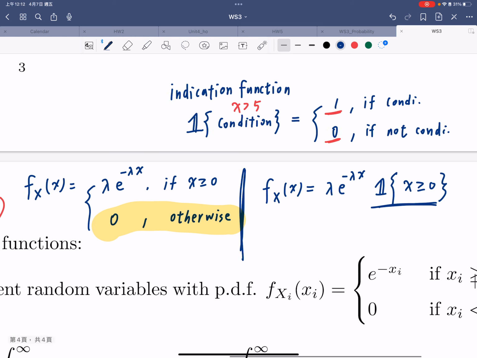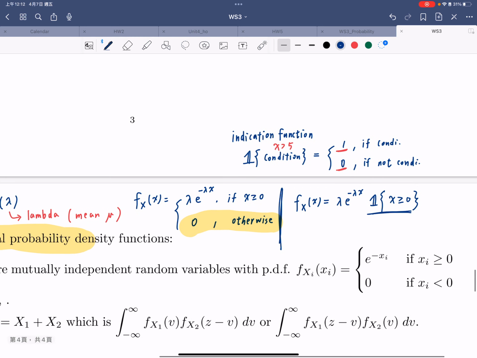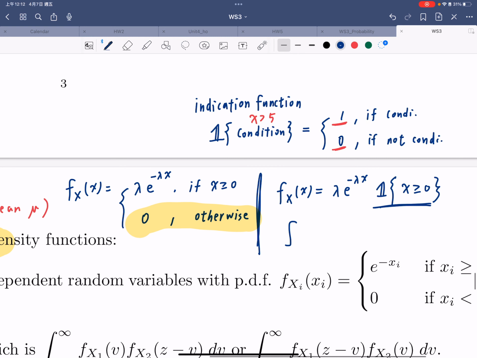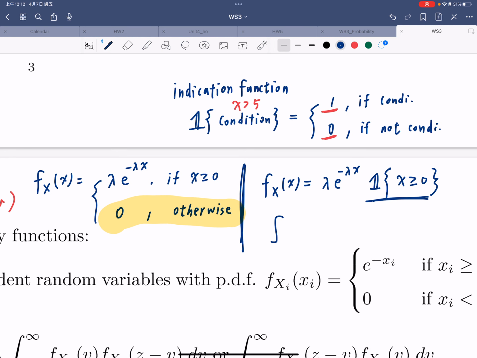Okay, and why did I call this lambda a mean? Since if you integrate, the range of x is from 0 to infinity, right? It's greater than 0. If you integrate this, you will get 1, right?